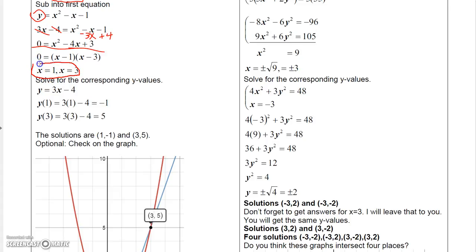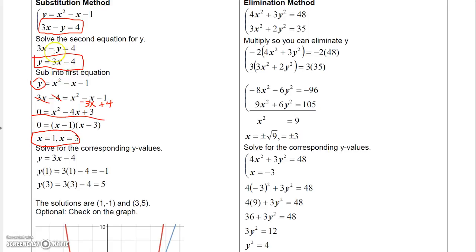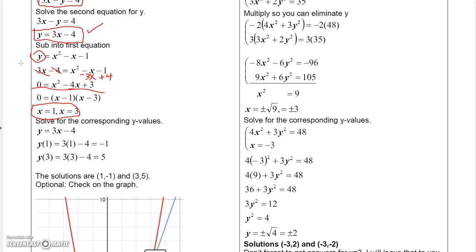Now here's the catch. Each one of these x values is going to have a corresponding y value. And so we're going to have to go back to one of these equations and figure out what they are. I could use this one, but I'm going to use that one, because it looks a little bit easier to solve for y. y equals 3x minus 4.